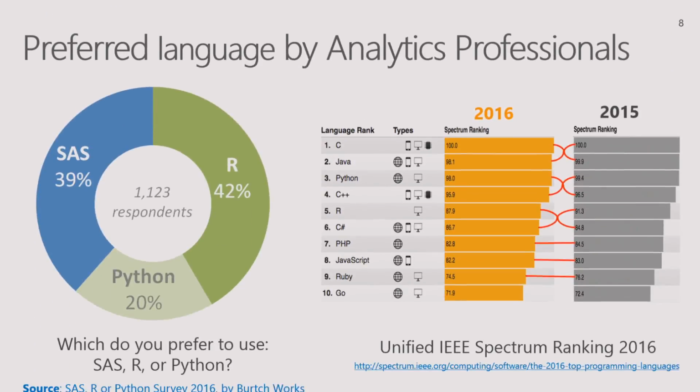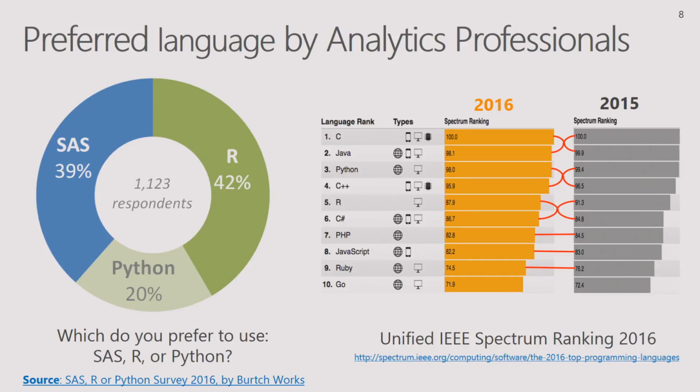If you think about the popularity of R, it's been rapidly gaining over the last many years, and in a couple of different surveys, it's been shown that R is probably the most popular analytical language at this time, or approaching that. If you compare SAS, R, and Python, R is right now the most popular language amongst analysts.